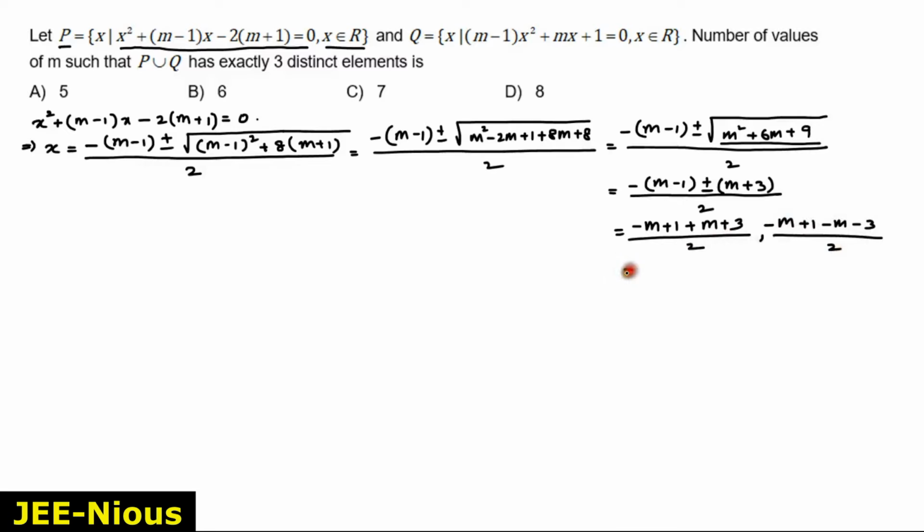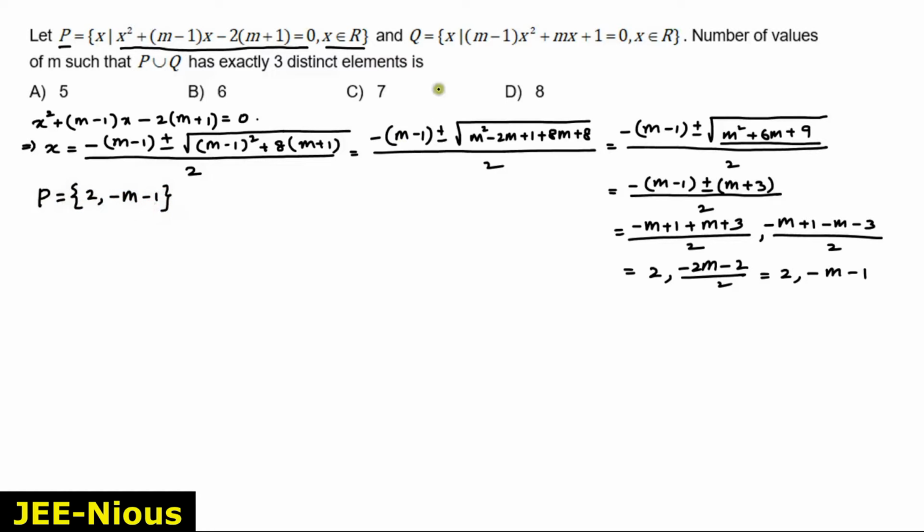So the two roots of the equation are 2, and this is basically minus 2m minus 2 by 2. So that gives us 2 comma minus m minus 1. So the elements of set P are 2 and minus m minus 1.